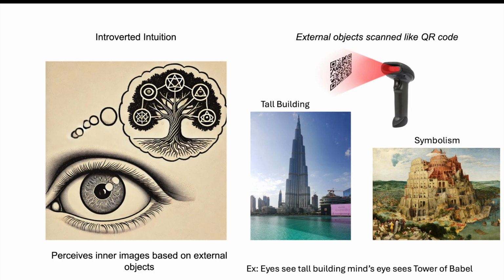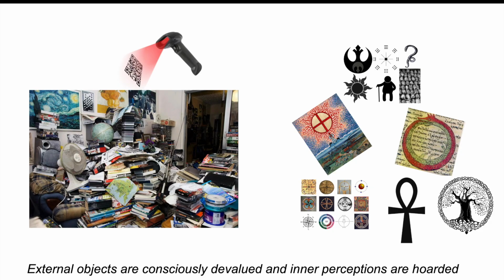Okay, so trying to illustrate this a little bit better, take a look on the left. I've got basically a hoarder's den, and then you've got the QR code scanner, and on the right you have a bunch of symbolism, like an Ankh, tree of life, all this Jungian stuff.